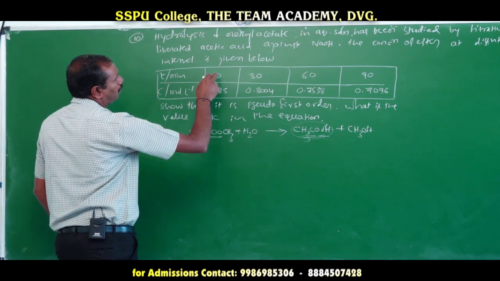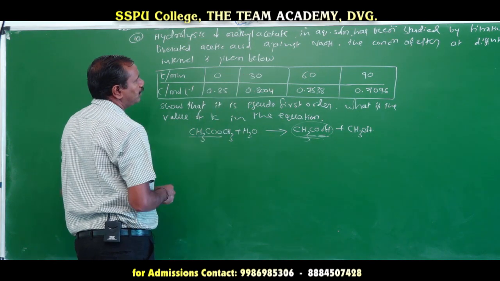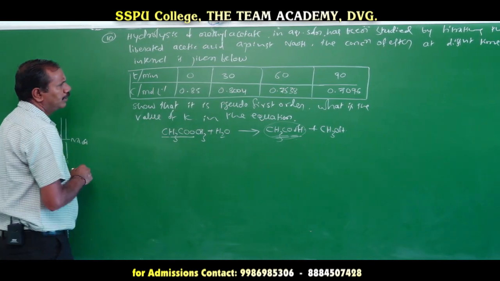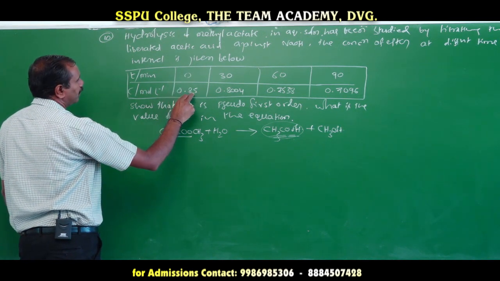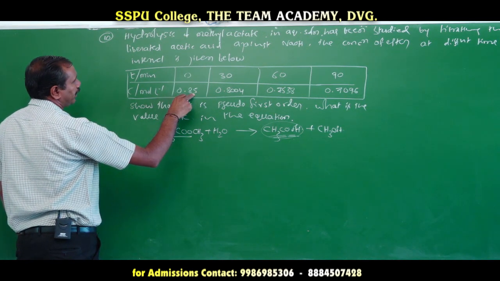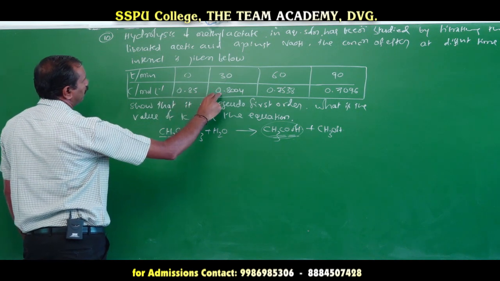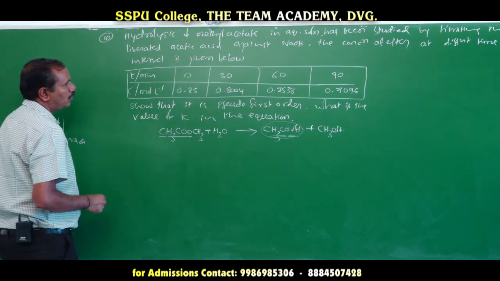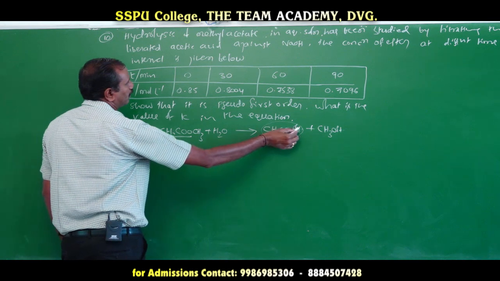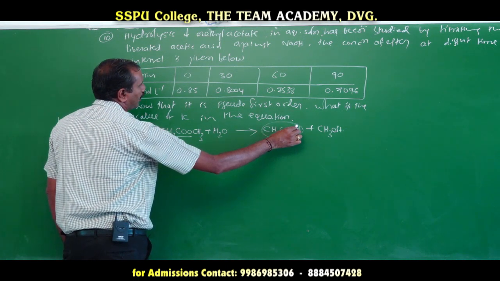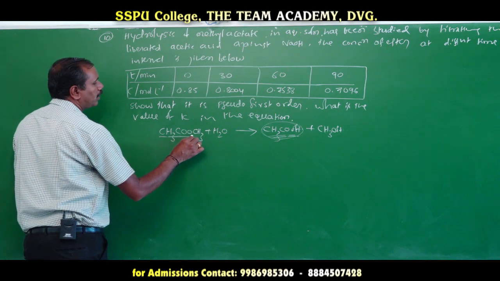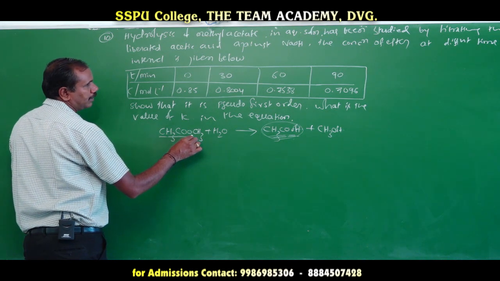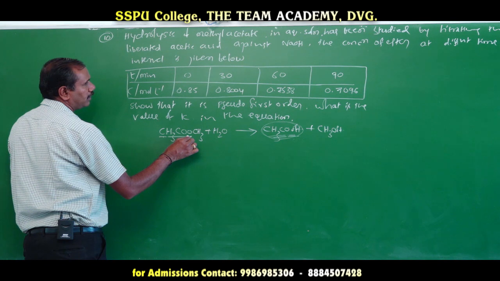Here, the concentration of ester at different time intervals is given. At 0 time, the concentration of methyl acetate is 0.85, at the 30th minute 0.8004. So, how do they determine it? The formed acetic acid equals the number of moles of methyl acetate which reacted.